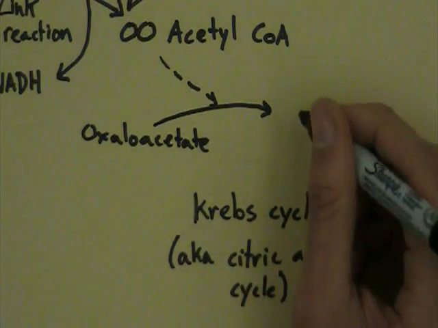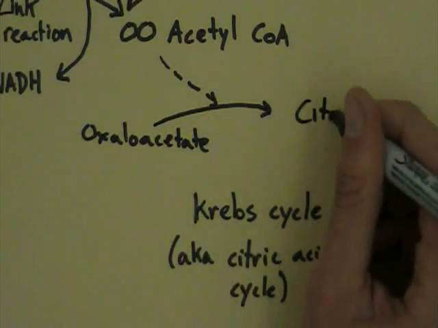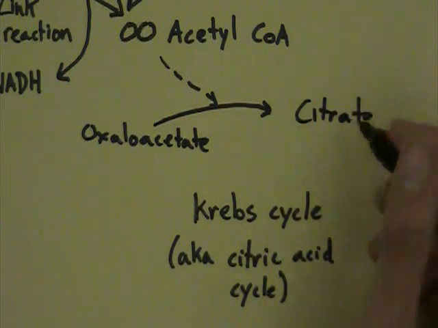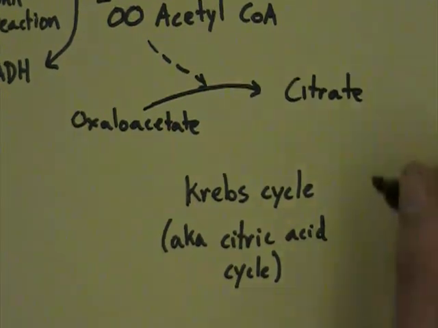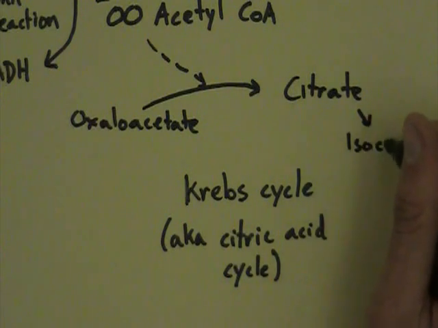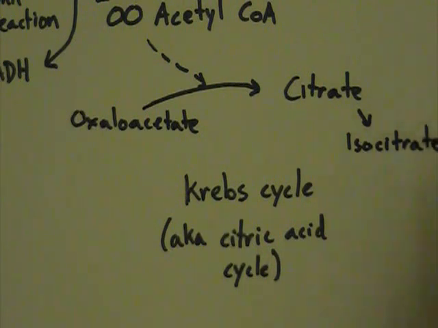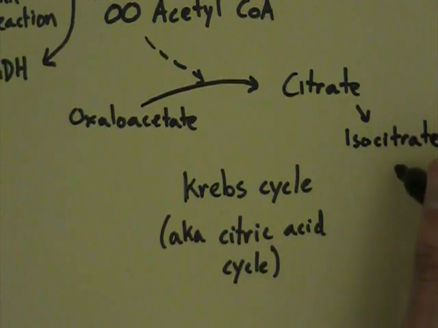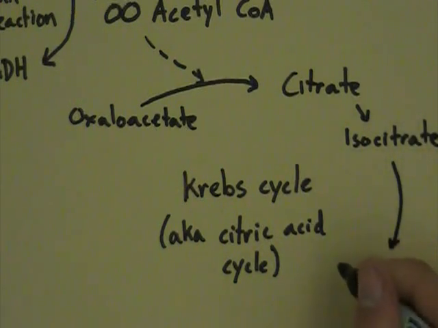The oxaloacetate is converted into another molecule called citrate, which is where the name citric acid comes from. Then another intermediary called isocitrate. Again, you don't need these terms, you don't have to have them memorized, just be vaguely familiar with them. It is then converted into a molecule called alpha, I like this name, alpha ketoglutarate.